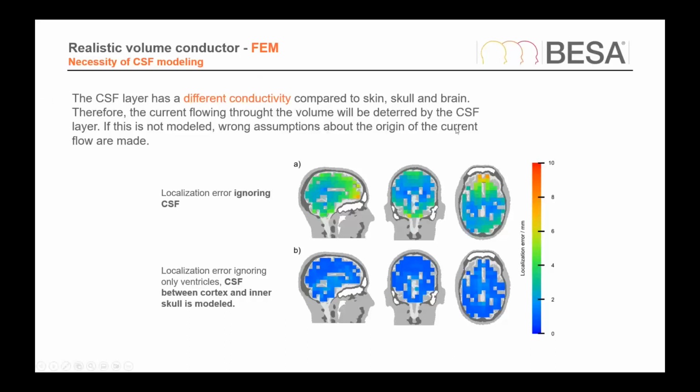In other brain areas, the effect is not large at all. So overall, we're looking at errors in the range of maybe 2 to 7 or 8 millimeters, depending on where in the brain we are located.